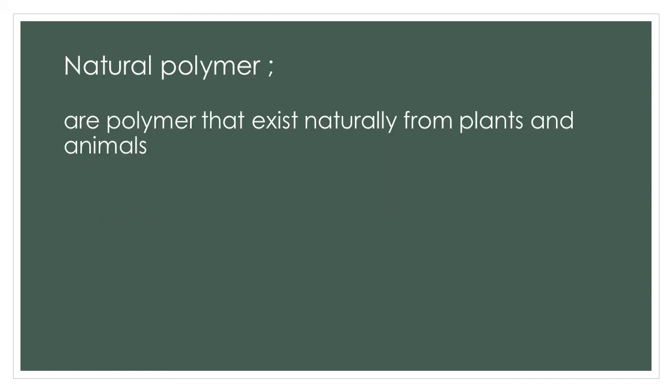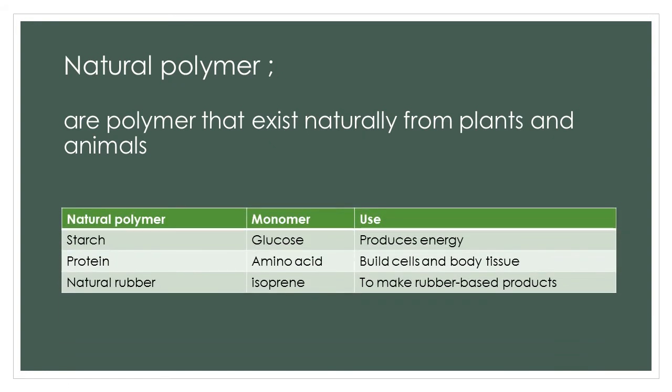Okay, what is a natural polymer? Natural polymers are polymers that exist naturally from plants and animals. The examples of natural polymer are starch, protein, and natural rubber.